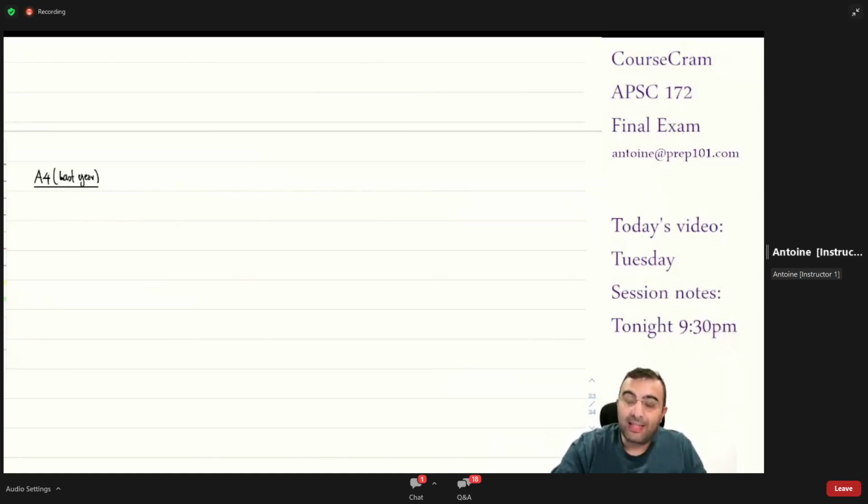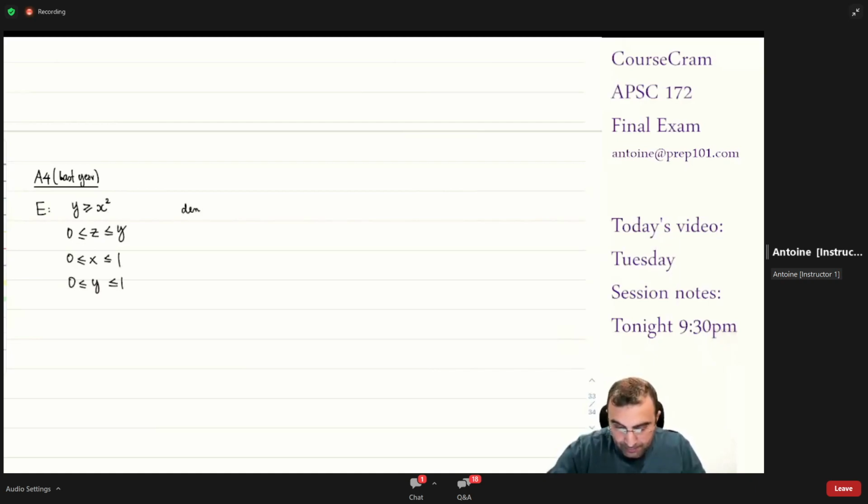So they tell us that the volume E is given by y is bigger than or equal to x squared, z is between 0 and y, x is between 0 and 1, and y is between 0 and 1. And the density rho is equal to z.